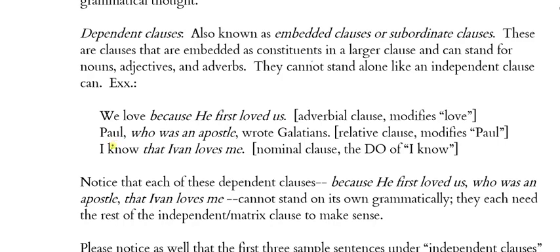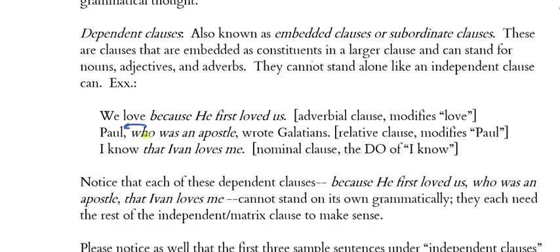Now in the second one, Paul, who was an apostle, wrote Galatians. This dependent clause, who was an apostle, is functioning adjectivally. It's functioning as an adjective. It is not qualifying the verb, but this noun, the subject noun, Paul. It's telling us something about Paul.